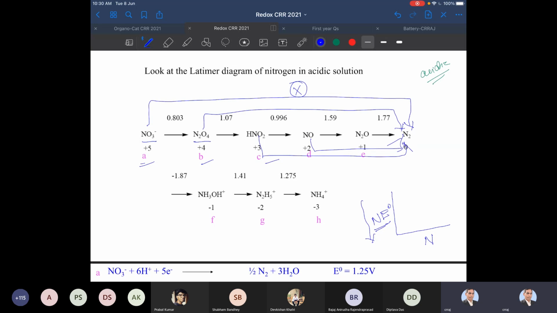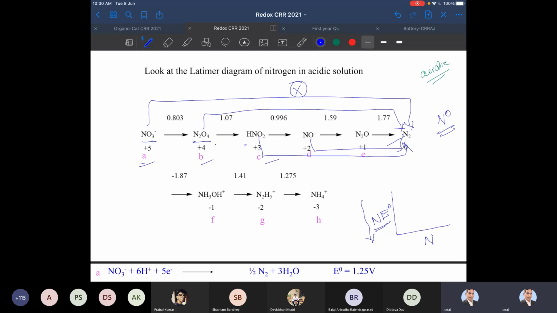So how do we find it out? Yesterday I mentioned how we find the reduction potential of non-adjacent oxidation states or non-adjacent species. You have the potential NO3 minus to N2O4 available, N2O4 to HNO2 available, and so on. Using the relationship I showed in the previous class, you can calculate the potential corresponding to the reduction of NO3 minus to N2, where the oxidation state is 0.